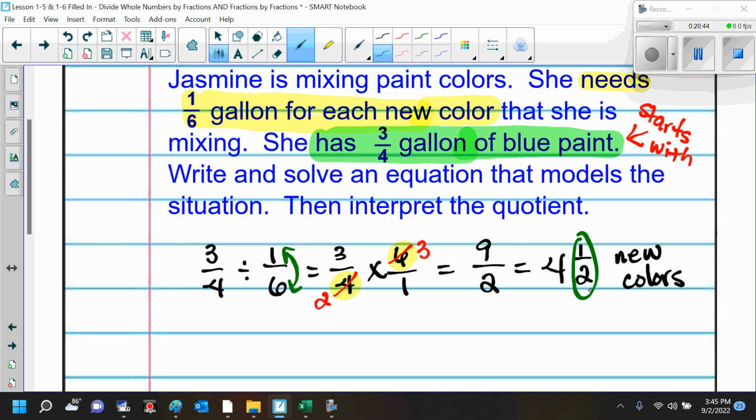So she can't use this half gallon that's left over for the new colors. So she can only make 4 new colors. That half is going to be part of the leftovers. Okay, so that's it.